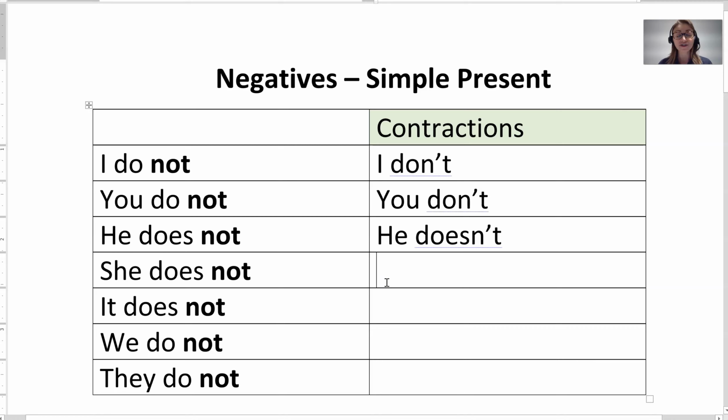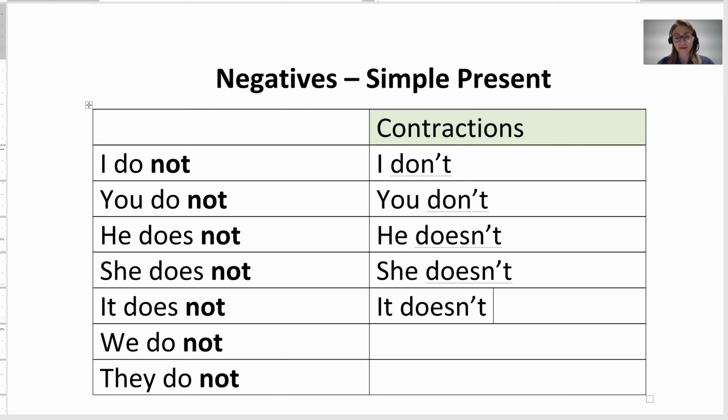Next one, she does not, she doesn't, she doesn't. Next one, it does not, it doesn't, it doesn't.